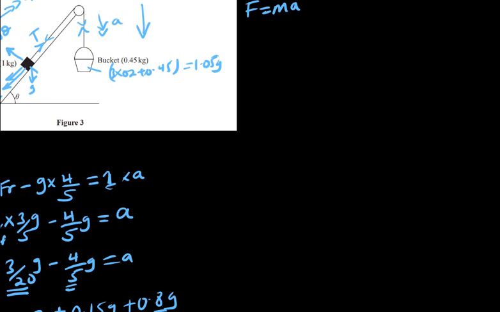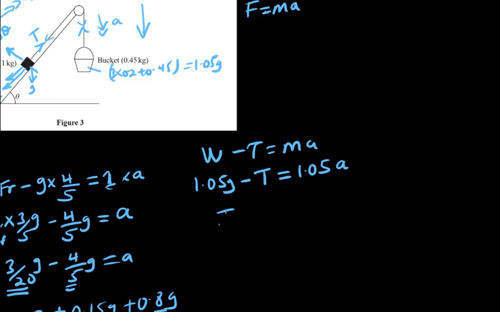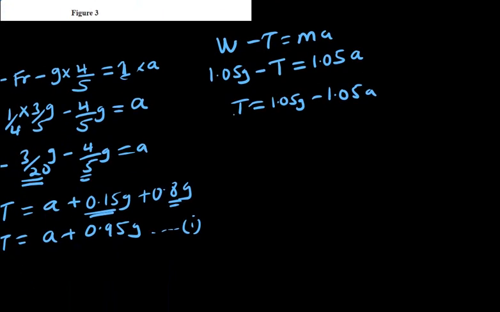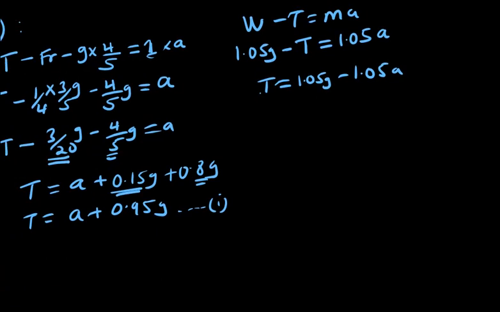So weight minus tension should be the same as ma, and our weight is 1.05 g minus tension should be the same as the mass, which is 1.05, the mass of the bucket together with its contents, multiplied by a. If you take T to the other side, we get T equals 1.05 g minus 1.05 a. So let's equate on both sides. This is our equation 2.